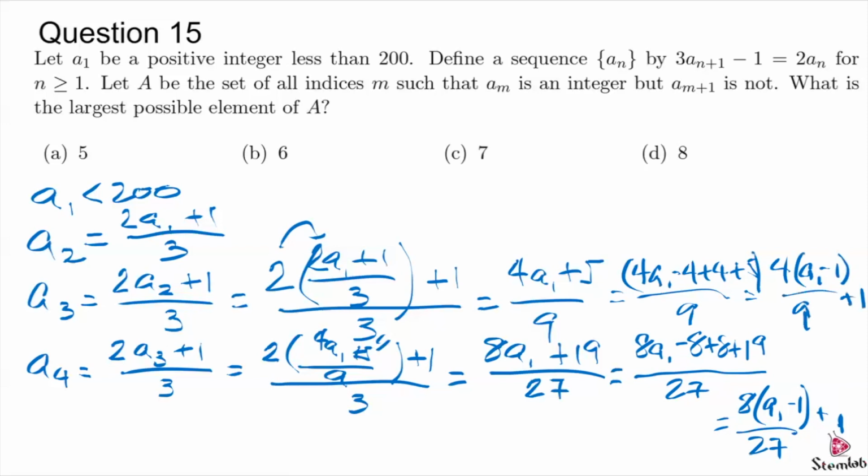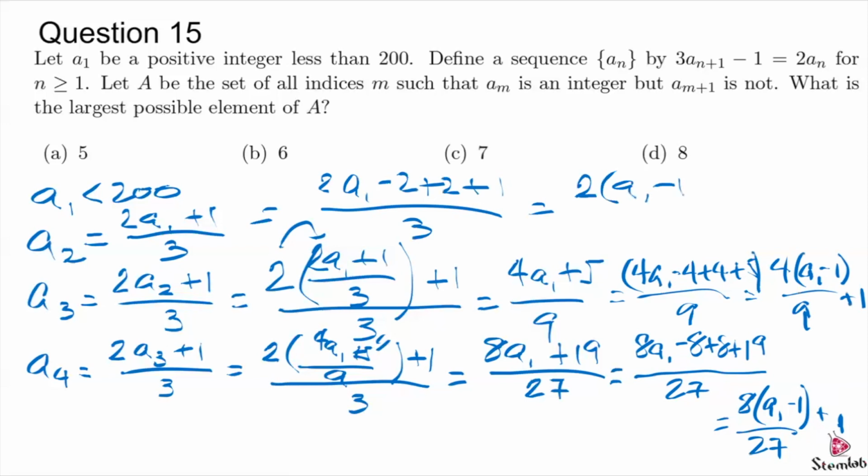And the first one can similarly be written as 2a sub 1 minus 2 plus 2 plus 1 all over 3, which equals 2 times a sub 1 minus 1 all over 3 plus 1. So the pattern actually holds.